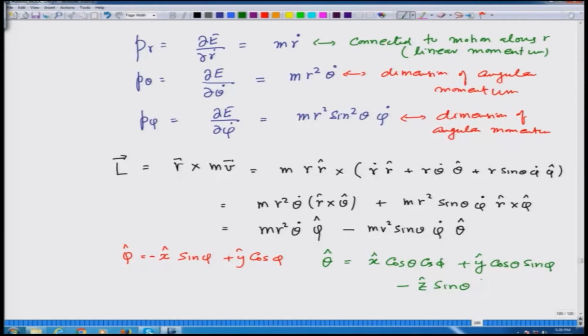So, if I substitute these in, let us do that, then the angular momentum vector L comes out to be m r squared theta dot, let us put phi unit vector, minus x sin phi plus y cosine of phi, minus m r squared sin theta phi dot theta unit vector.